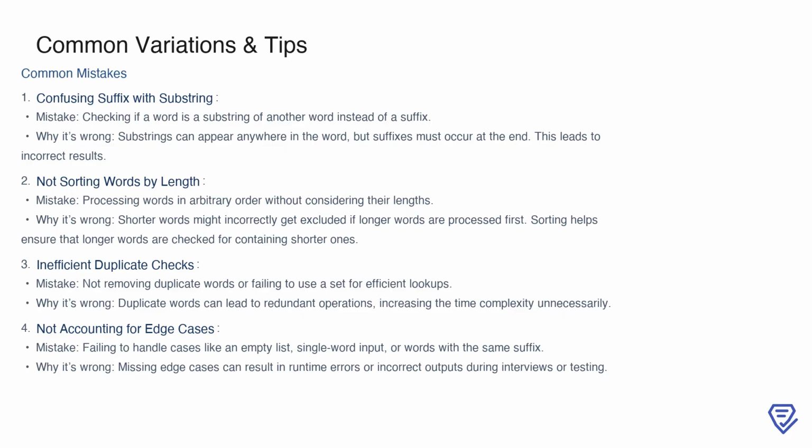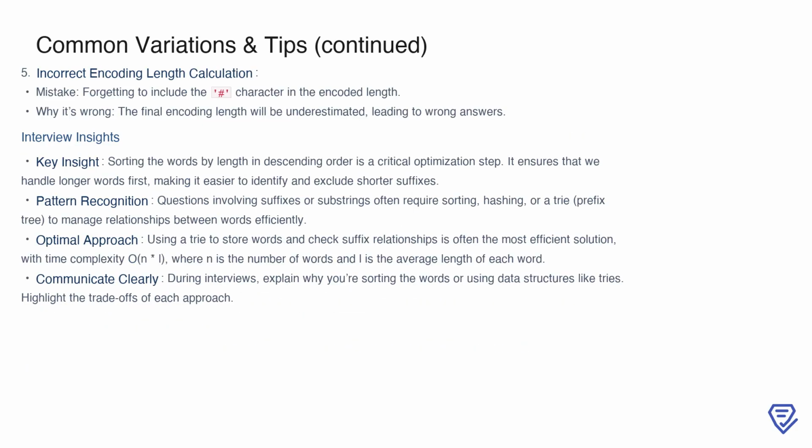Overlooking these scenarios can cause runtime errors or incorrect outputs, which can be problematic in interviews or testing environments. Another frequent mistake is miscalculating the encoding length by forgetting to include the hash symbol, hashtag, in the count. The hashtag is a critical part of the encoded string, and ignoring it will lead to underestimating the length and producing incorrect answers.